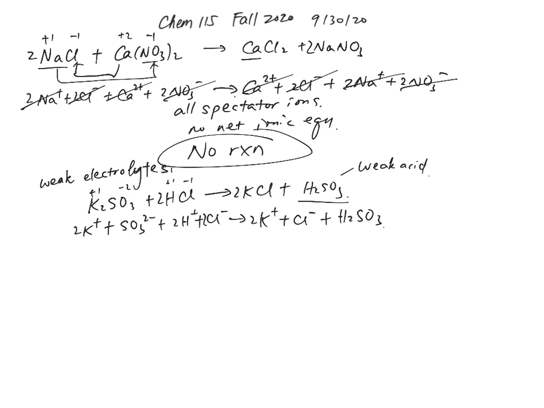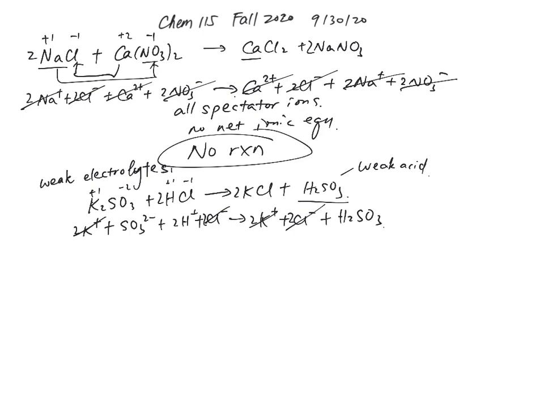We could have written H2SO3, and then chloride ion would be your spectator ion, and everything else is what it is. Chloride ion is the spectator, and then everything else gave you the net ionic equation.